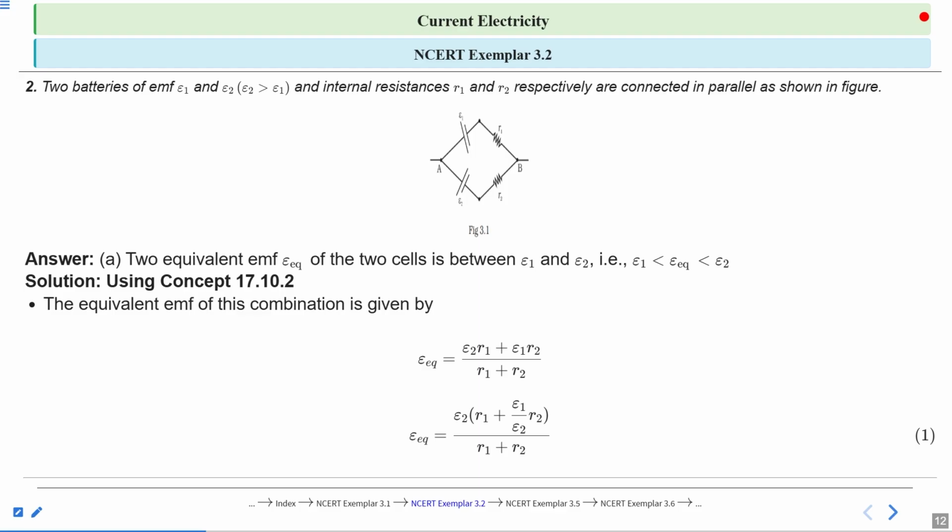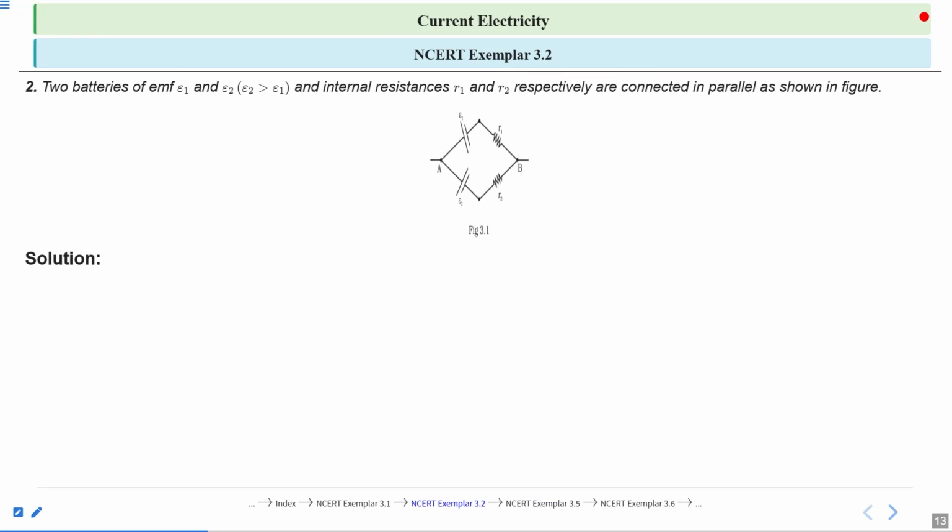If we take epsilon 2 common, epsilon 2 is with R1, so it will be removed from R1. Where epsilon 1 was with R2, since we took epsilon 2 common, epsilon 2 will divide that portion of the numerator. So this result, you know how it came. Okay, epsilon equivalent is equal to epsilon 2 in bracket R1 plus, we took epsilon 2 common from both the expressions.